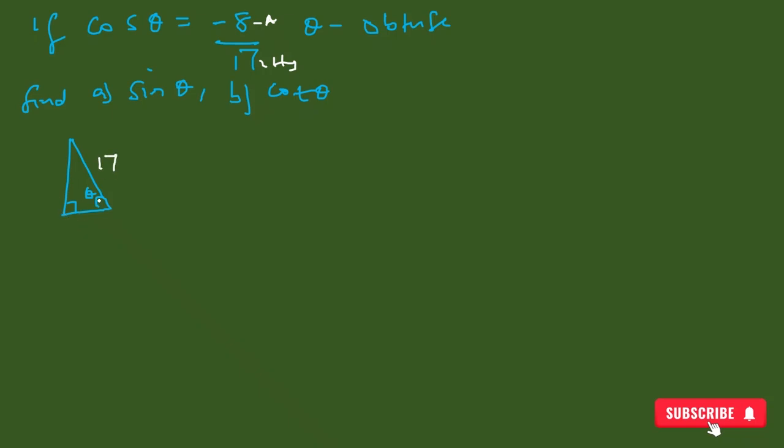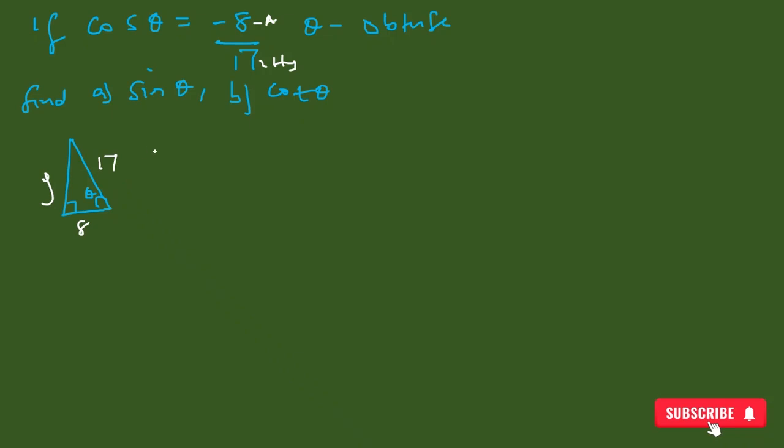We have the adjacent, negative. The negative here is representing the quadrant in which that angle is formed. So here we're picking the positive values.